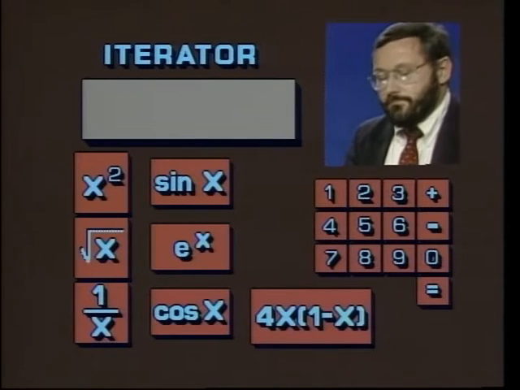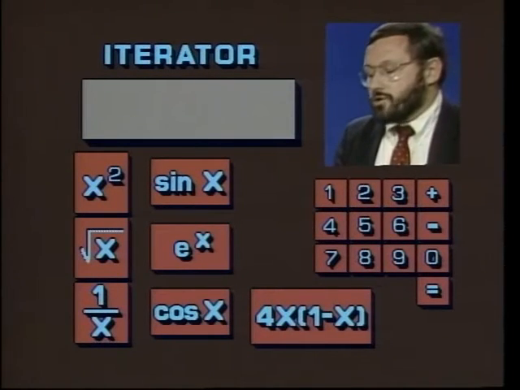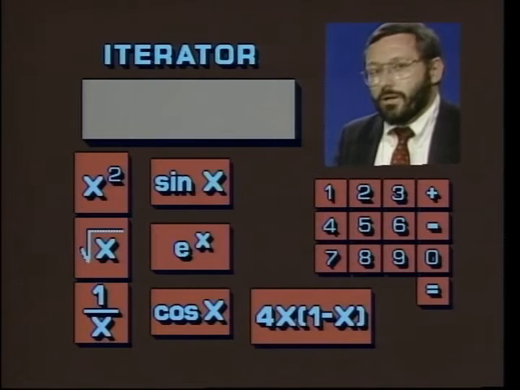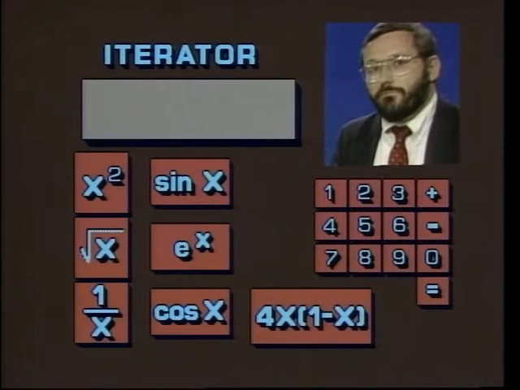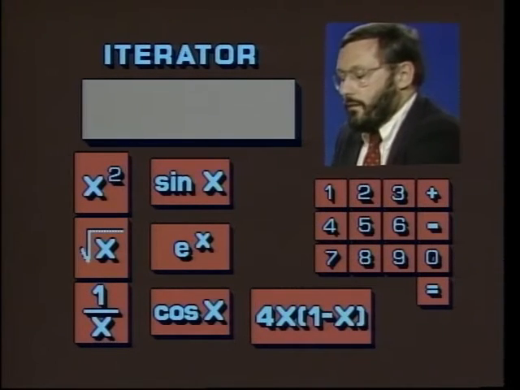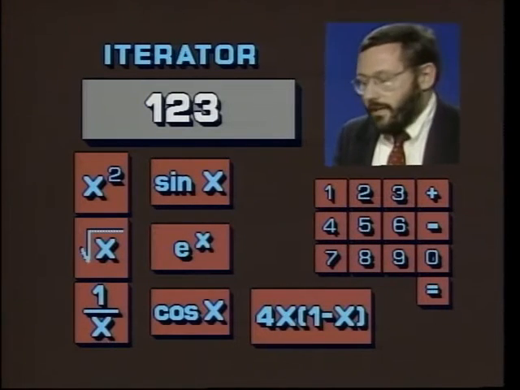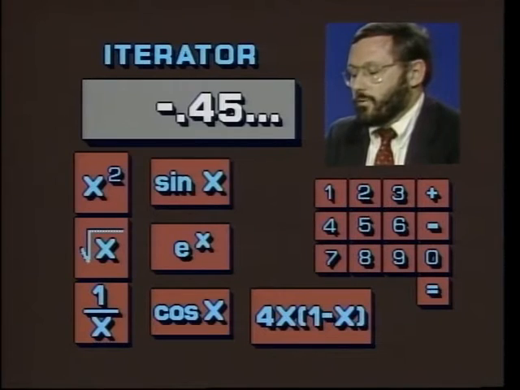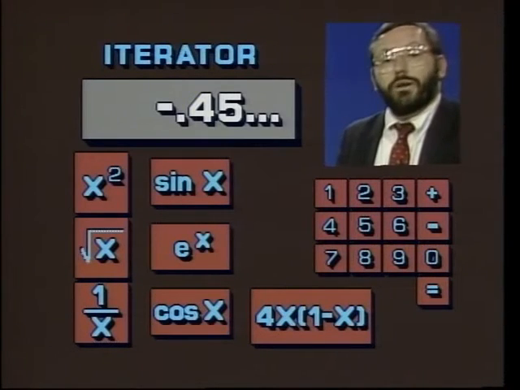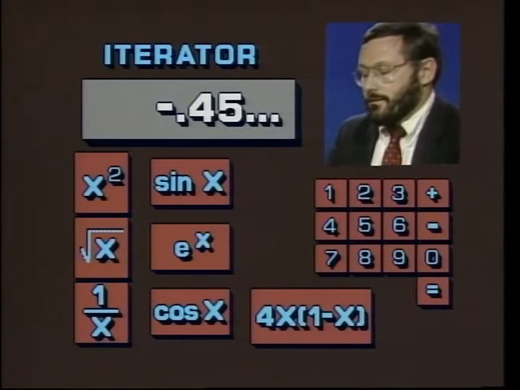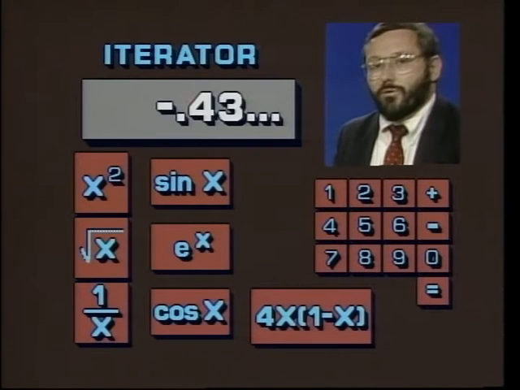Here's another one. Let's take the sine function, the trigonometric sine function. What happens when you iterate the sine function? Well, let's start with any number, say 123, and then iterating. The sine of 123 is minus 0.45 in radians. Sine of that is minus 0.43.